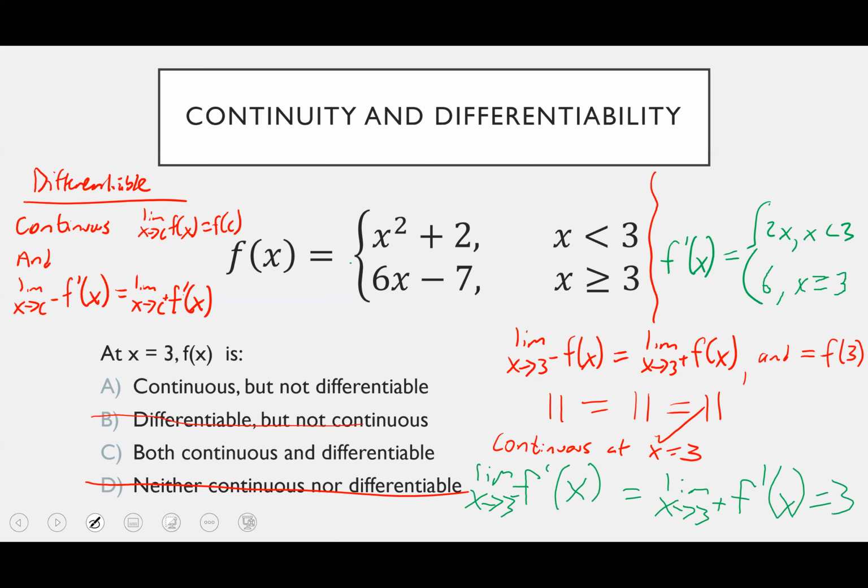Because they're both 6, we are differentiable. Okay, any questions on this one? No. Cool. Try the next one.